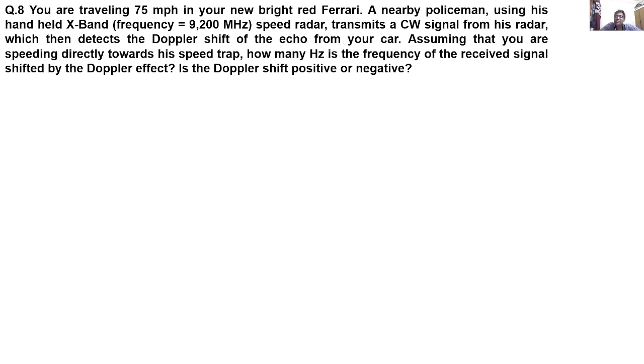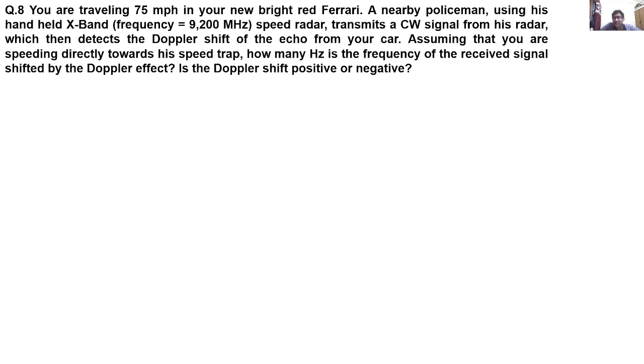Assume that you are speeding directly towards the speed trap. How many hertz is the frequency of the received signal shifted by the Doppler effect? Is the Doppler shift positive or negative? So they want to know fd again.